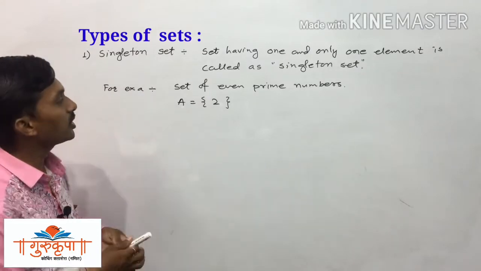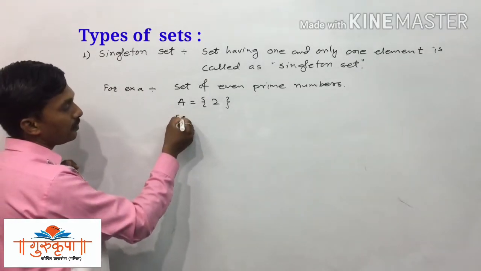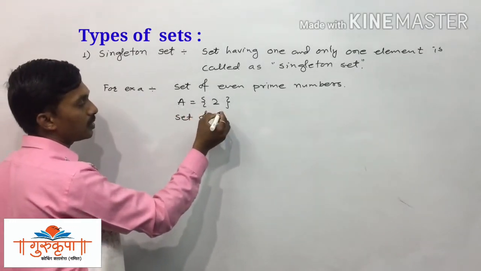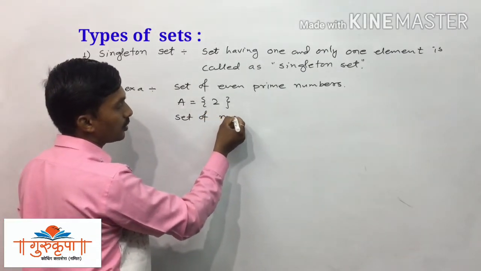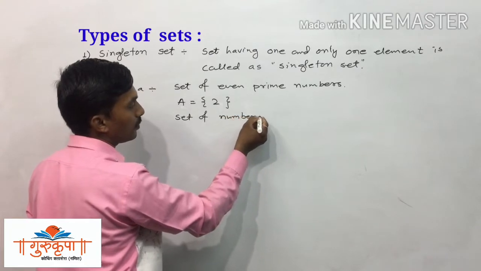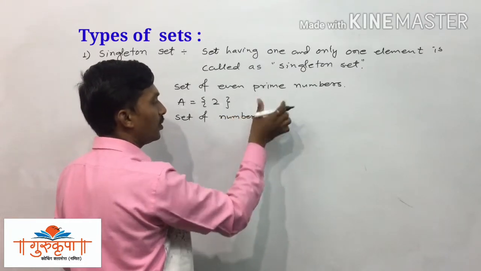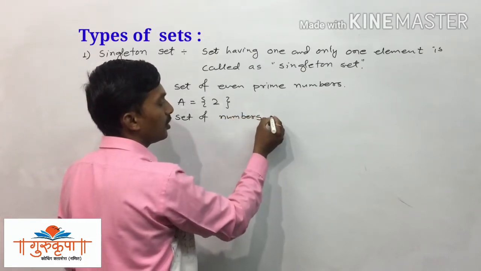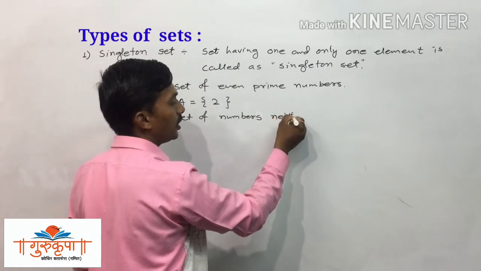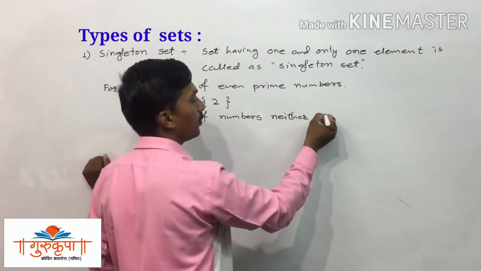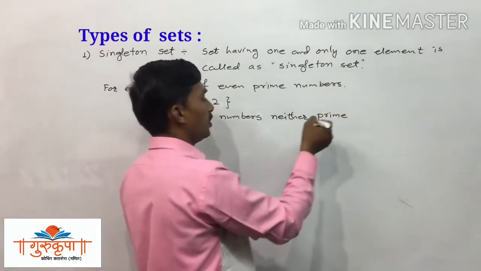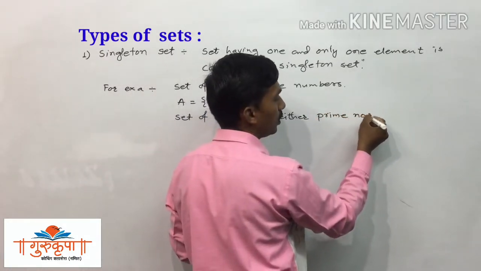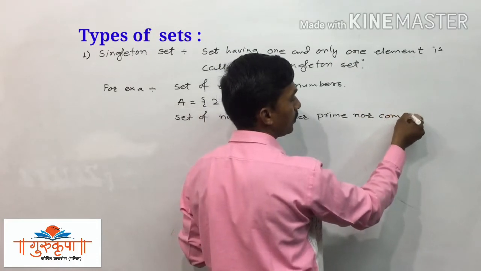So one more example: the set of numbers neither prime nor composite.